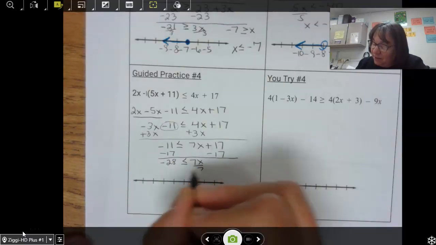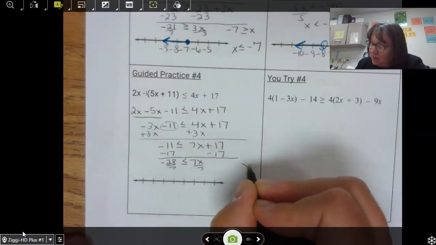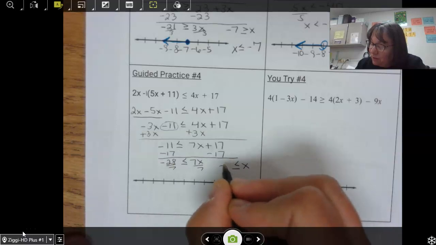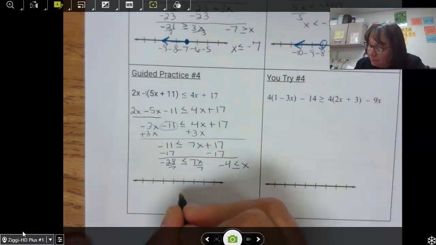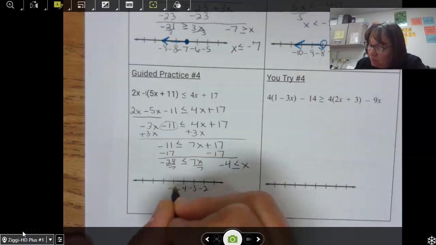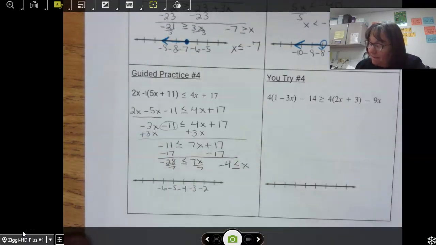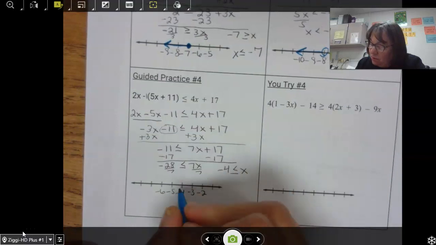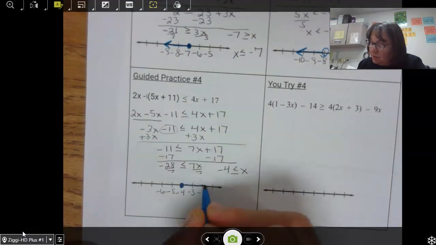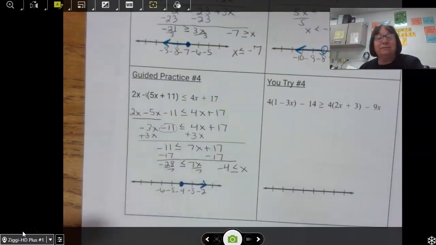Divide by 7. X is greater than or equal to negative 4. So here's negative 4, negative 3, negative 2. Greater than or equal to, put a solid circle and go to the right.